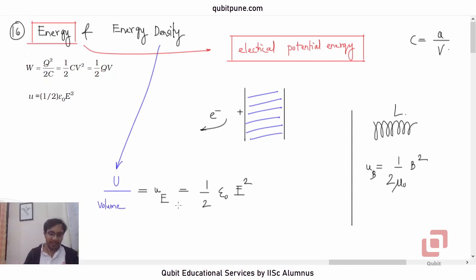If you go back and look at the chapter on electromagnetic induction and AC circuits, you'll understand what I'm talking about. So that completes our revision of the second chapter, electric potential and capacitance. You can start solving the numericals and go through the derivations. If you have any doubts, you can ask me anytime.